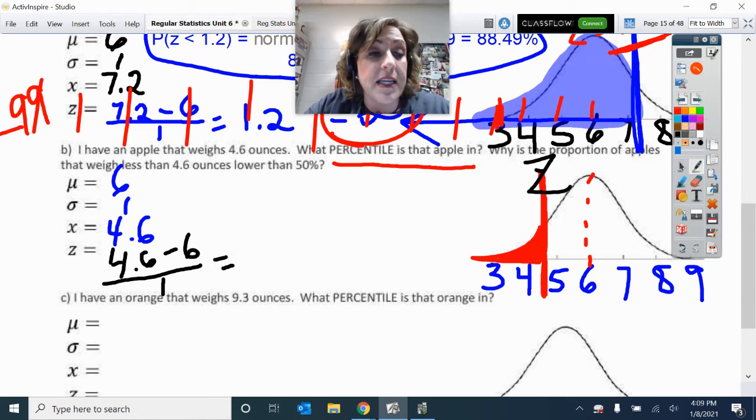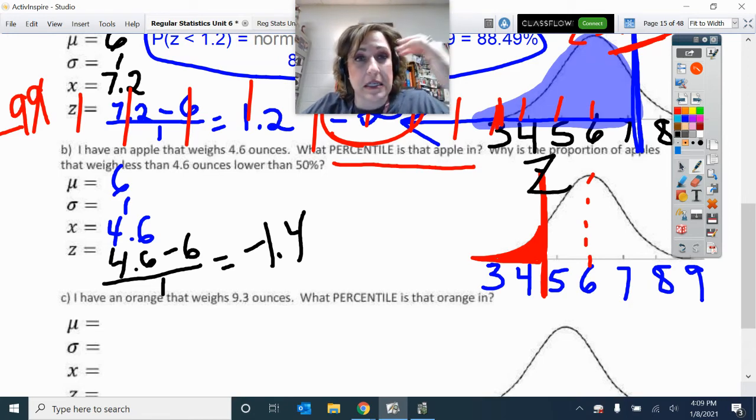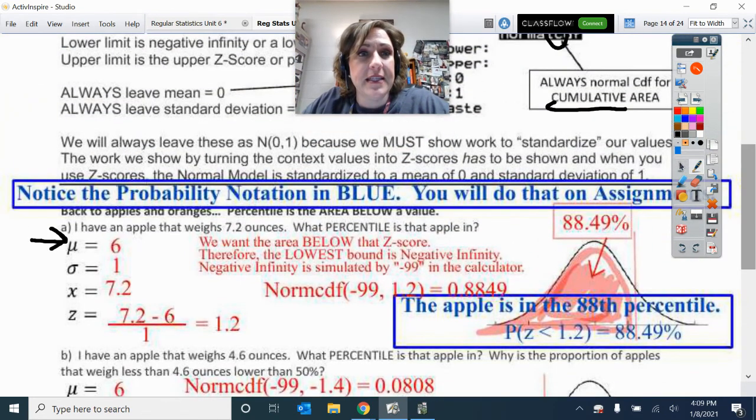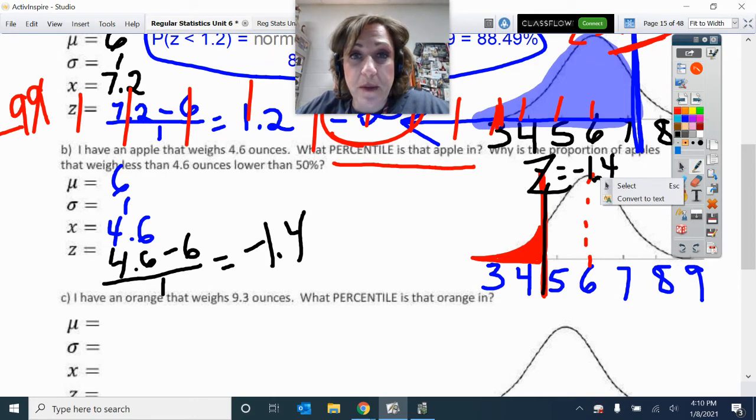I'm not very good at subtracting, so I'm thinking that that's like negative 1.4. So we're going to go with that. Yay, it is. So this z-score is negative 1.4, 1.4 standard deviations below the mean.